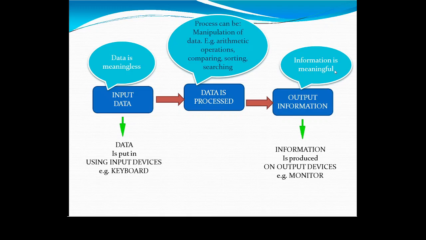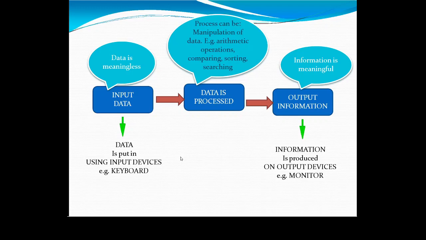So information is meaningful. Here data was meaningless. When data is meaningless, that is given for processing. After processing, data will be converted to information, or that will be called result or output. So output is given through the output devices, for example, monitor.